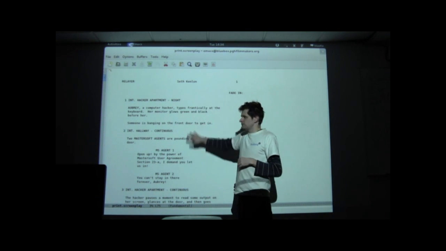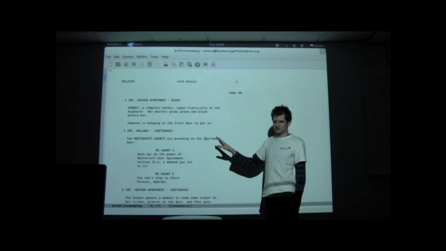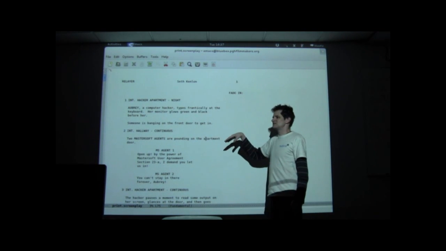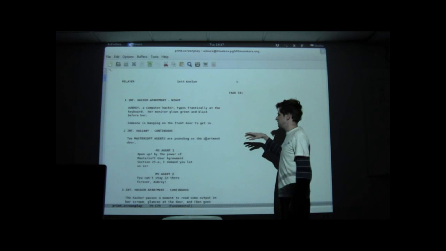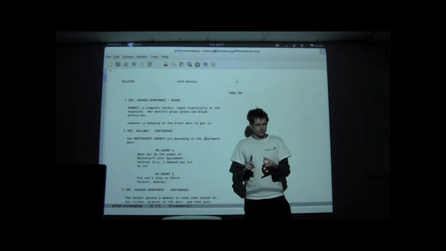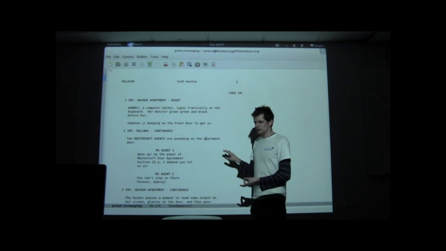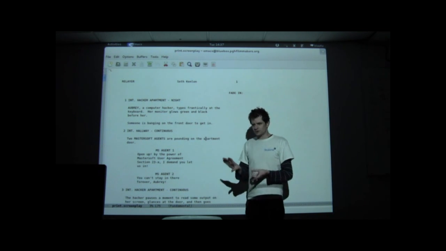This looks probably very familiar. Again, it's not just for style. They don't do that just because they think it looks good. It actually has a bearing on how long each day you're going to shoot for once you're on set, as well as how long the actual finished product is going to be.